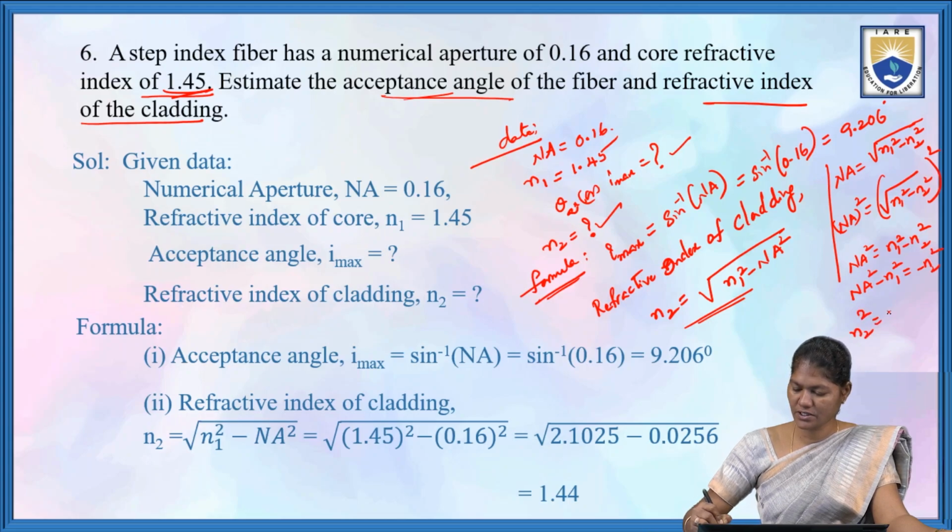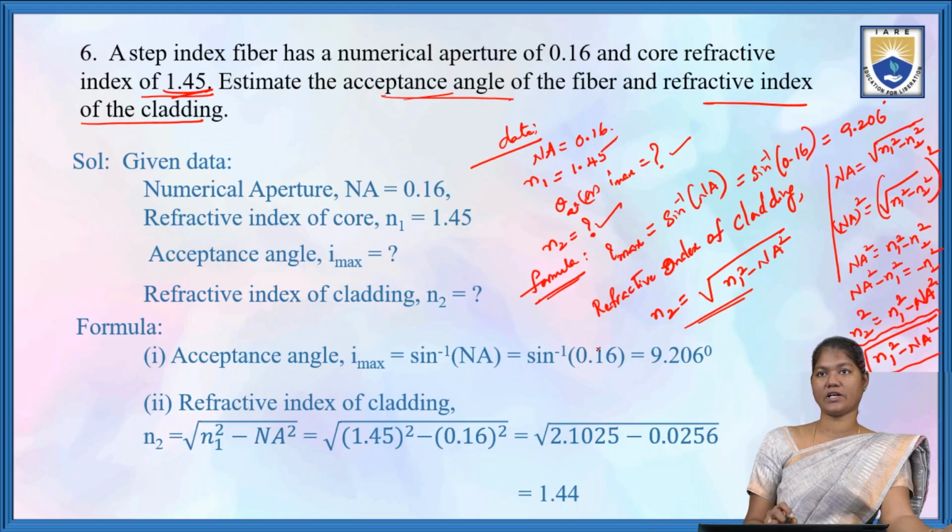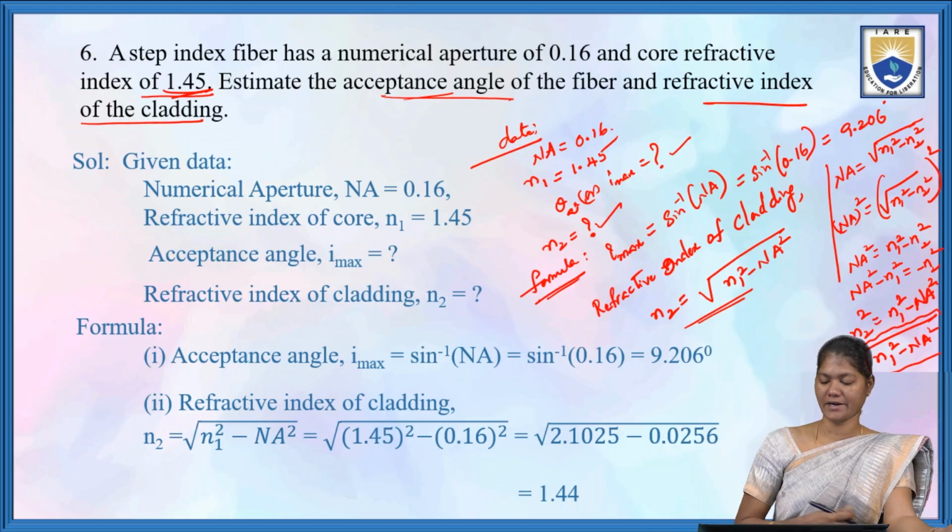So N2 square is equal to N1 square minus NA square, and N2 is equal to root of N1 square minus NA square. Like this we get the expression of N2, the refractive index of the cladding.